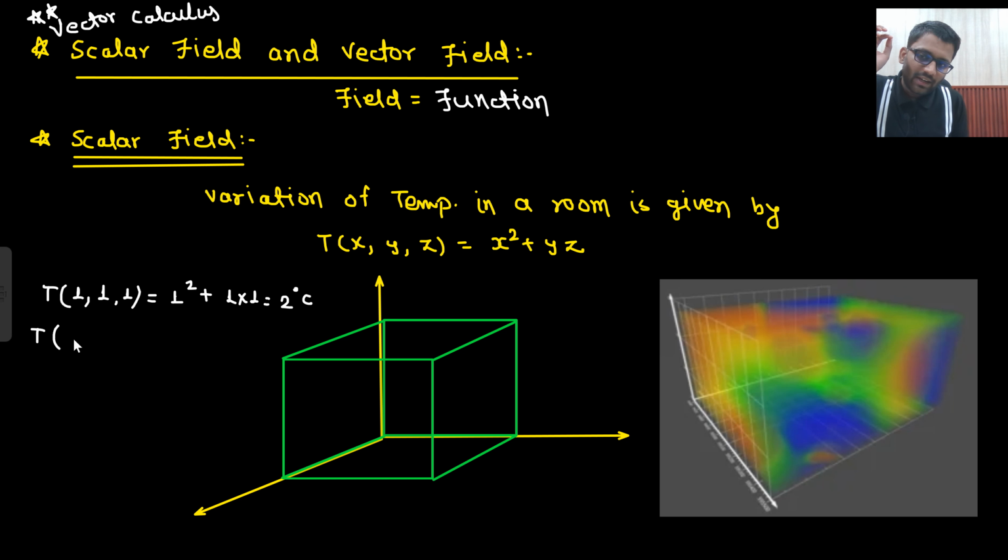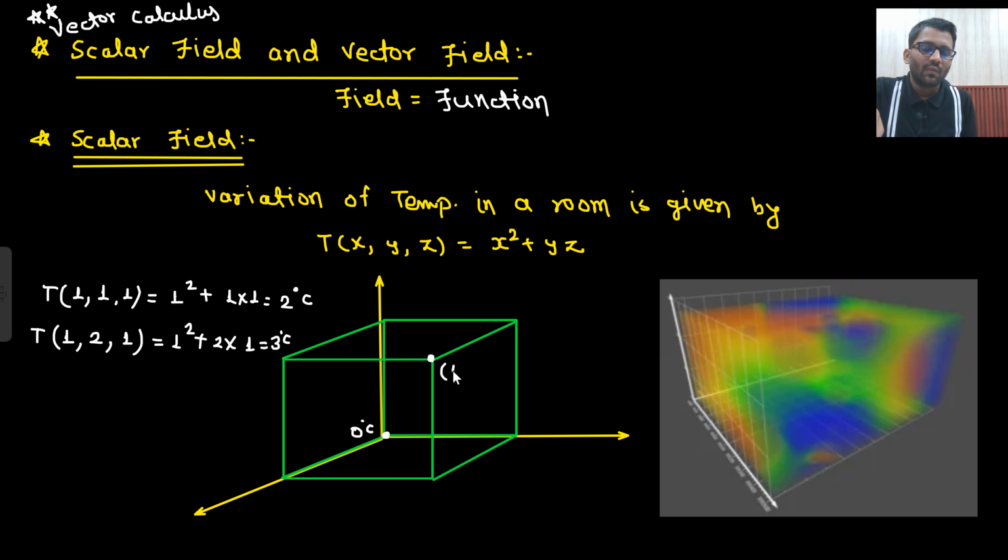Your temperature at x coordinate 1, y coordinate 2 and z coordinate 1, what would that be? 1 squared plus 2 into 1, that would be 3 degrees Celsius. So in this particular room, at (0, 0, 0), what will be the temperature? 0 degrees Celsius. Let's just say this point is 3, 3, 3.